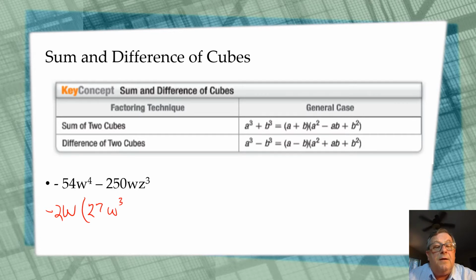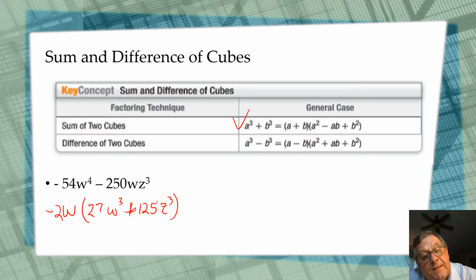And negative 250 divided by negative 2 is going to be plus 125z cubed. All right, 27 is 3 cubed, and 125 is 5 cubed. I've got a sum of cubes.